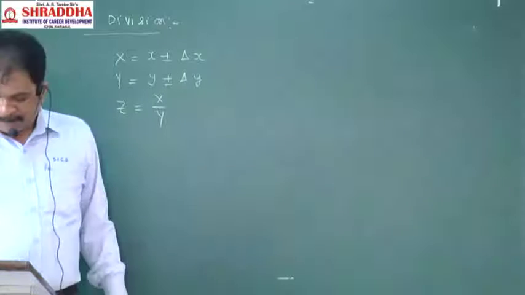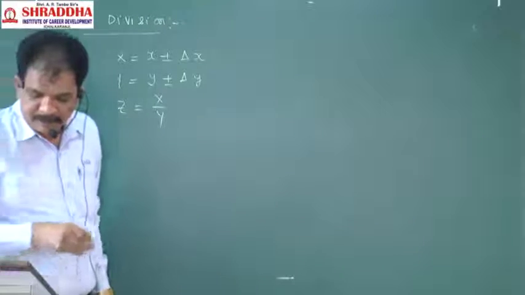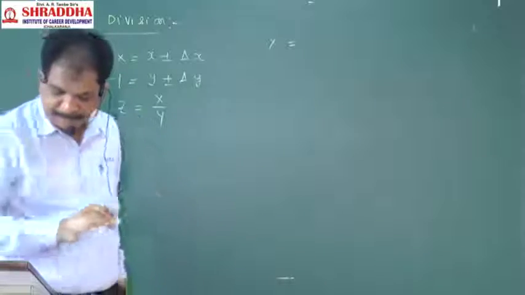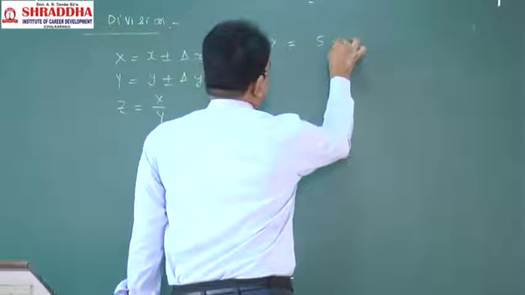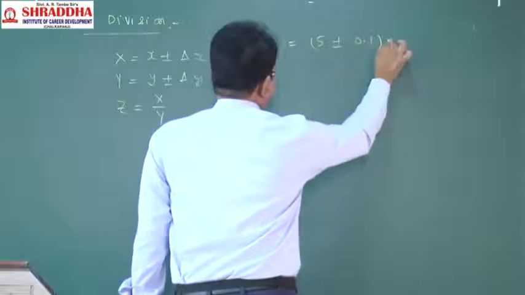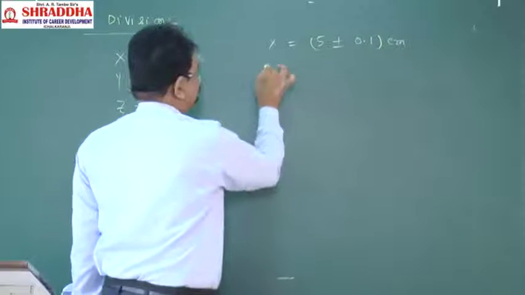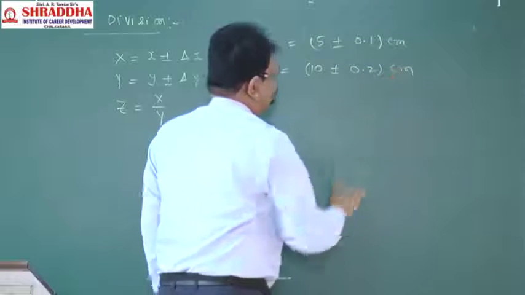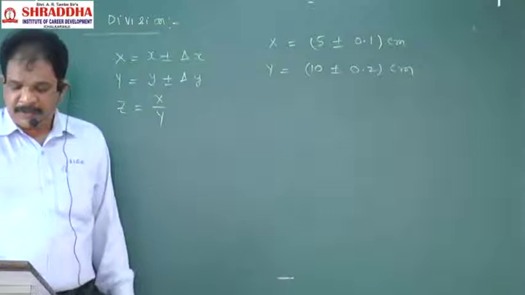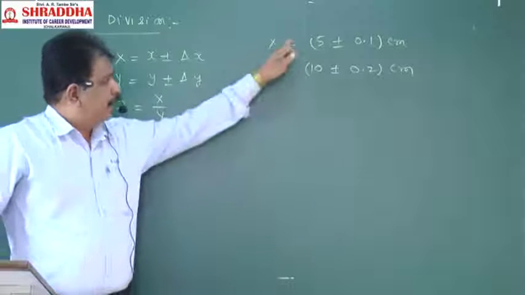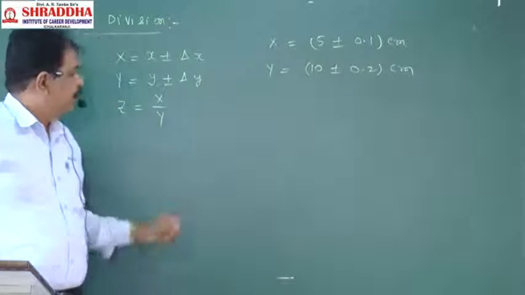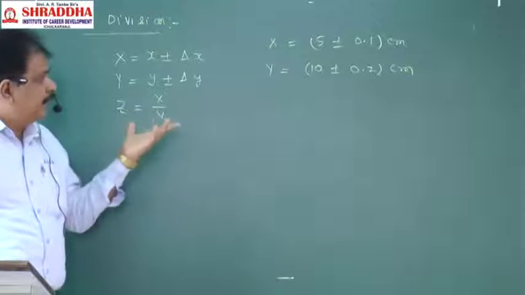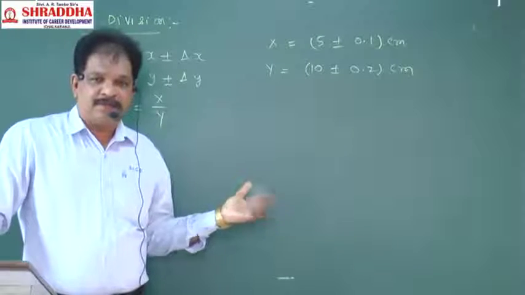So here x is equal to 5 plus or minus 0.1 centimeter, y is equal to 10 plus or minus 0.2 centimeter. X, y values are given. They defined z is equal to x by y. Find the z value.